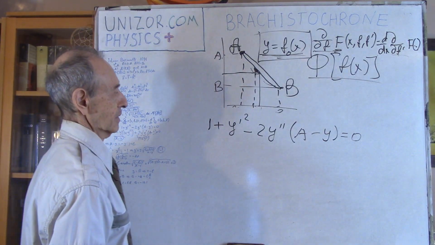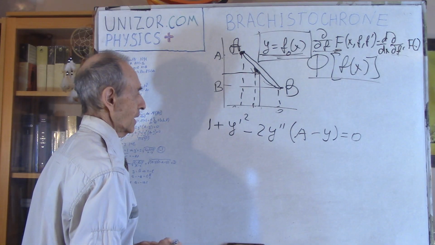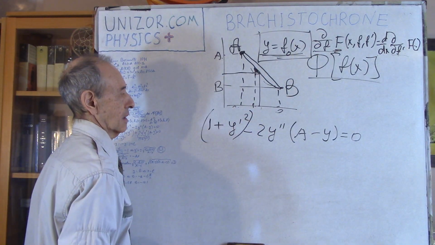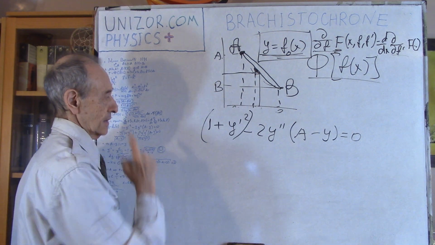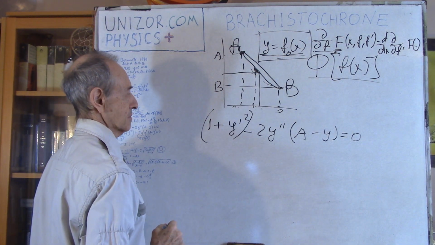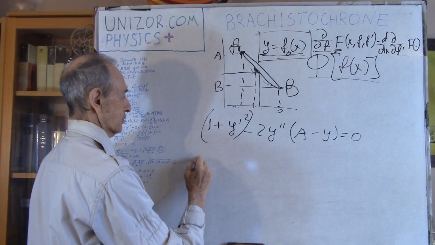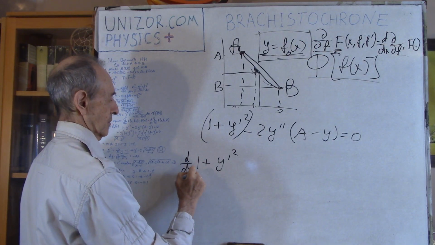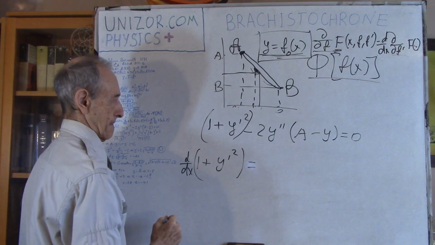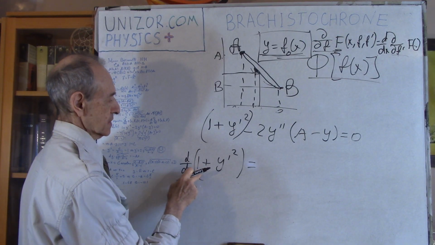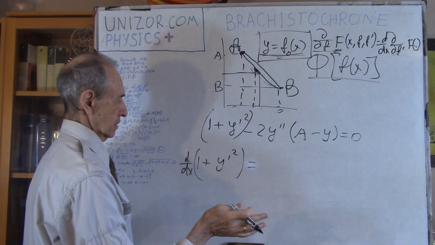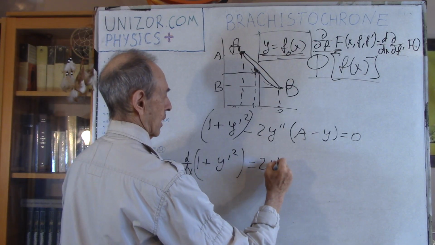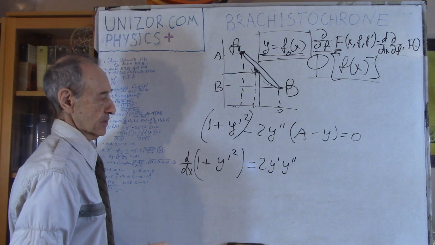If you look very carefully at this, you can divide this thing into two different parts. One part and the second part. Now, what is the derivative of 1 plus y prime squared d per dx? Well, this is constant, 1, so it's 0, and the derivative of y prime squared would be 2 y prime y double prime.